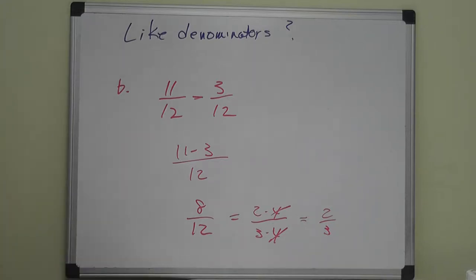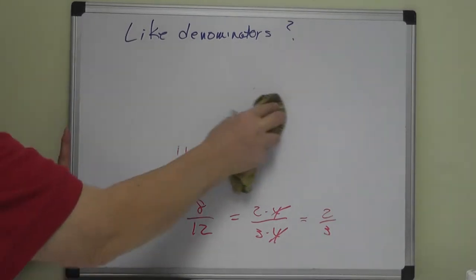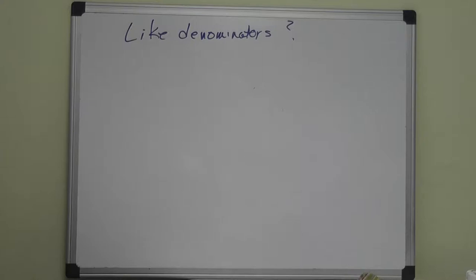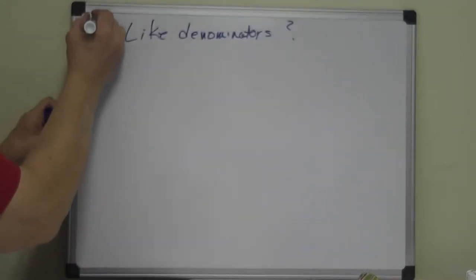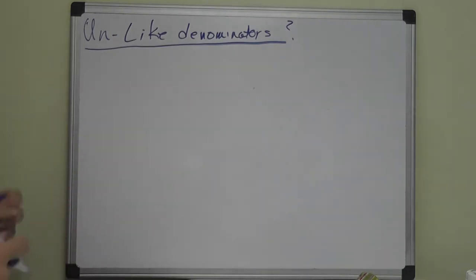All right, let's go ahead and move on to page 221, and we're going to say, what do we do if we have unlike denominators? How do we add or subtract those fractions? Well, as I would expect, you have been reminded, if you didn't already know this, in order to combine fractions with like denominators, you just add the numerators, or subtract them if you're doing a subtraction problem.